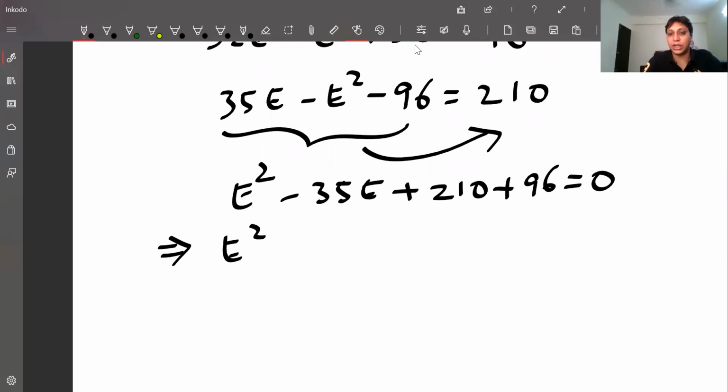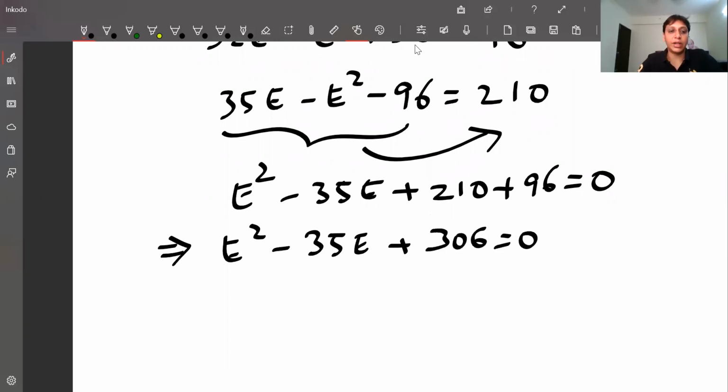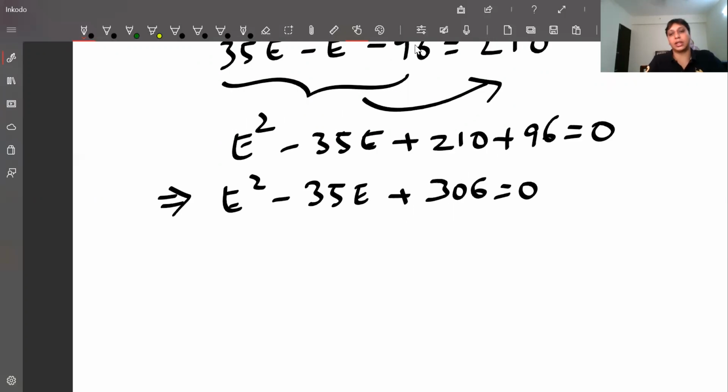When you add both, you get 306 equal to 0. So we need to split, or let us use the quadratic formula.